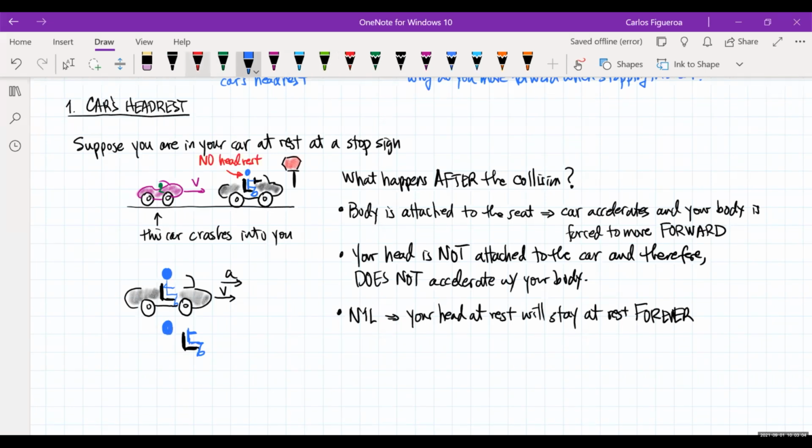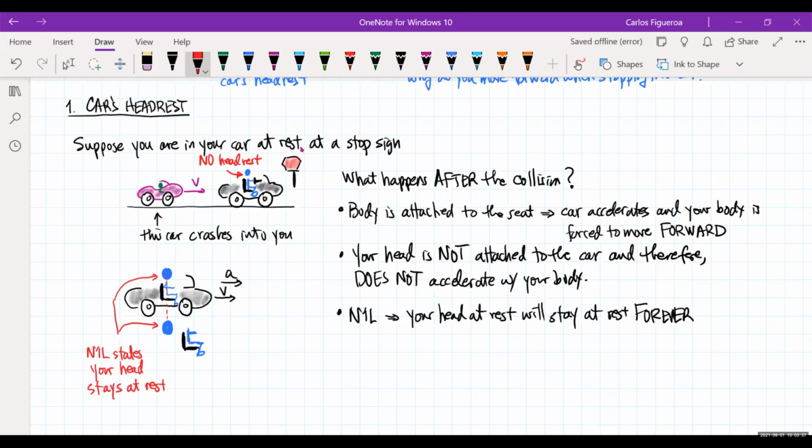So if I look at my picture here, this image and this image, what it tells me is that Newton's first law states your head stays at rest. When I look at this line, you can see that the head does not move.